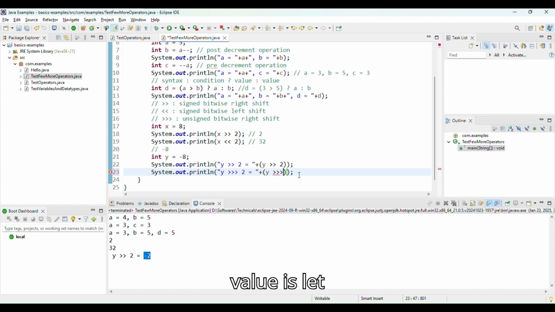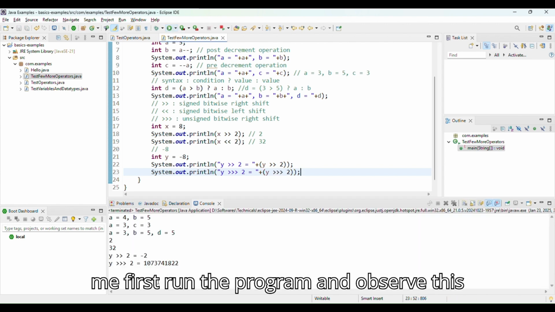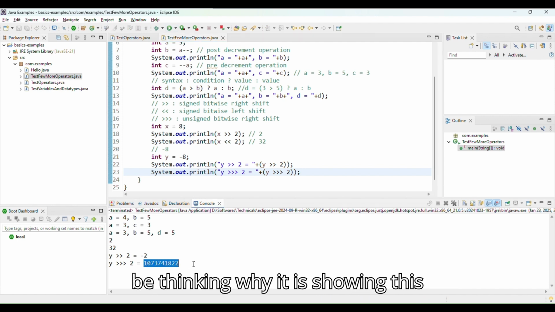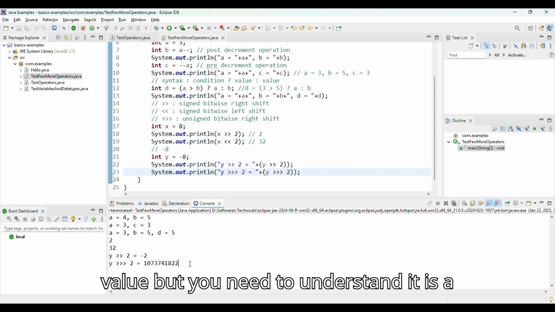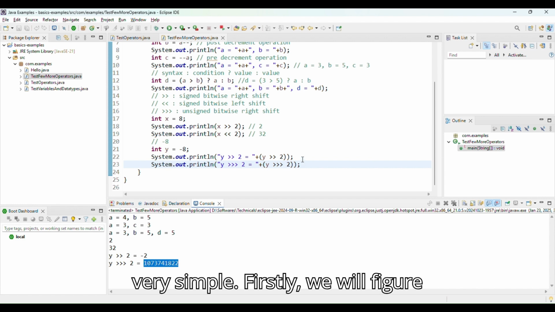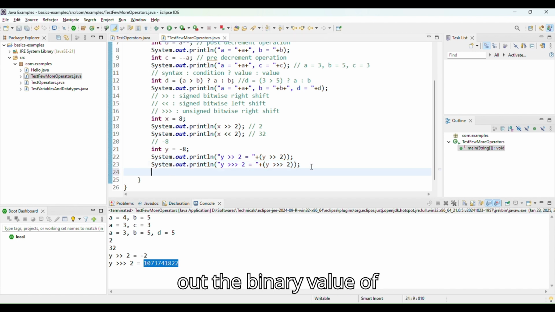Let me first run the program and observe this is the value it is showing. You might be thinking why it is showing this value, but you need to understand it is a positive value. The reason is very simple. Firstly, we will figure out the binary value of minus 8.